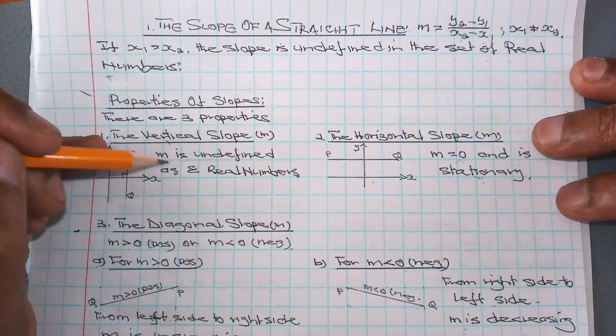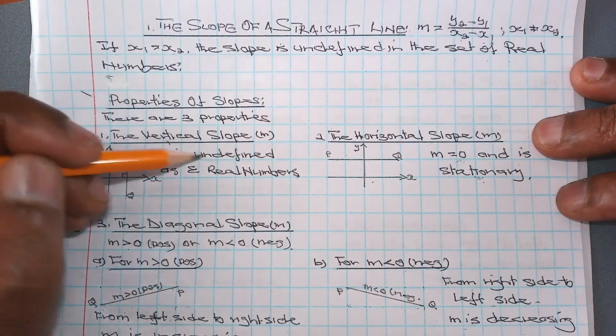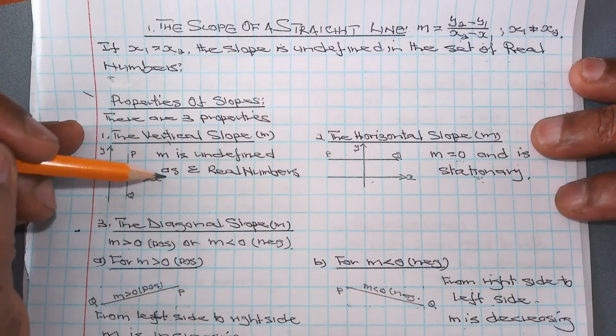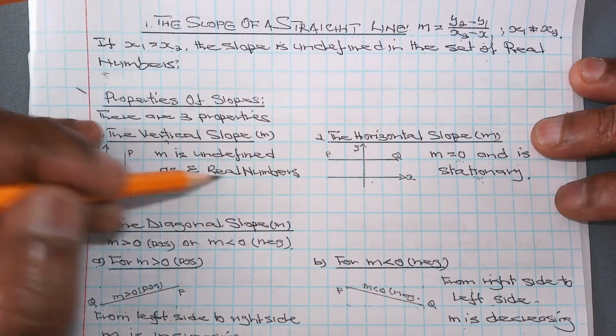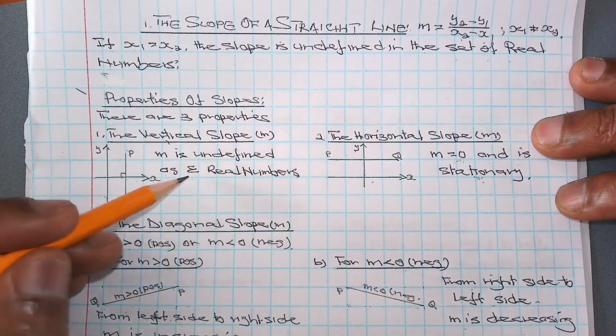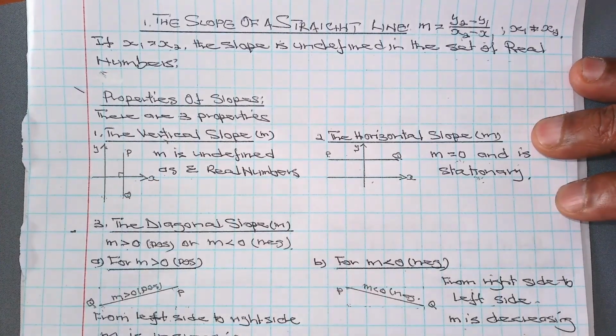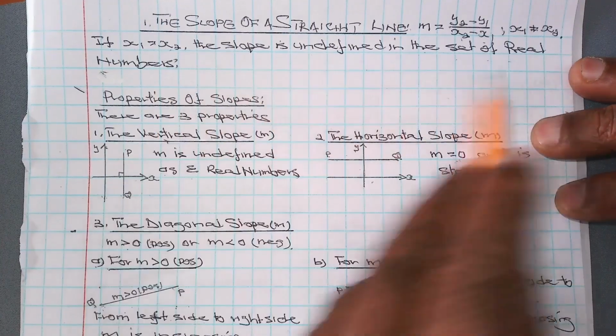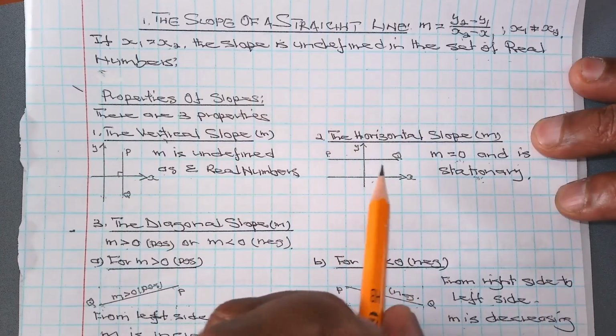Therefore, the slope m is undefined as an element of real numbers. Vertical slope is undefined in the set of real numbers. We're going to talk about real numbers very soon.